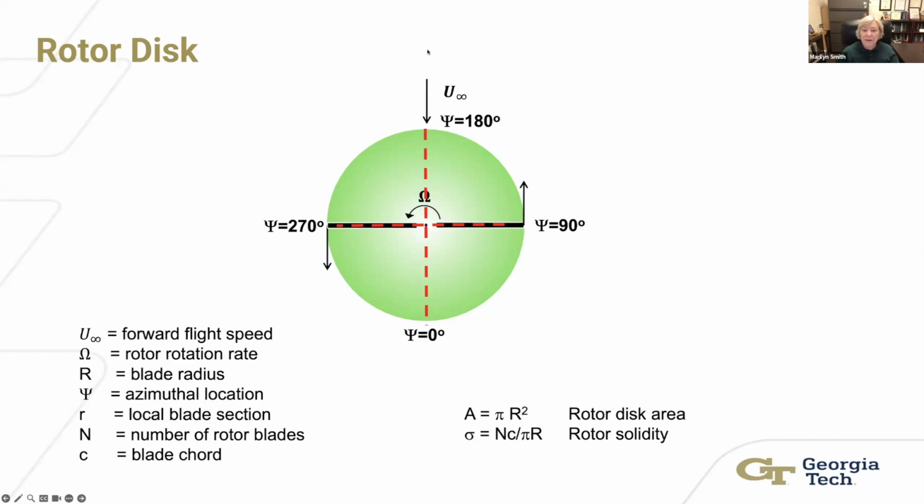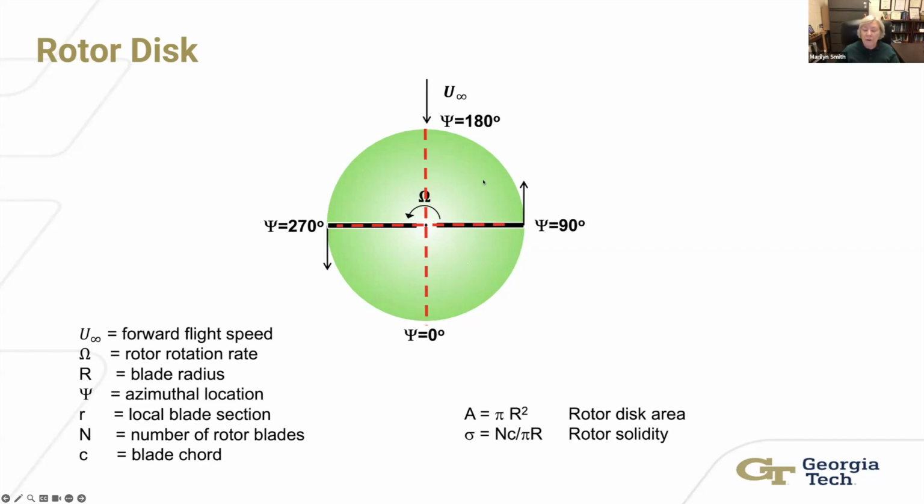The velocity is coming here, so you're flying towards the top of the screen. So your wind is in the opposite direction. We typically denote this circular disc in various ways. It's a circle. So we have quadrants, 0 degrees, 90 degrees. This is the first quadrant.